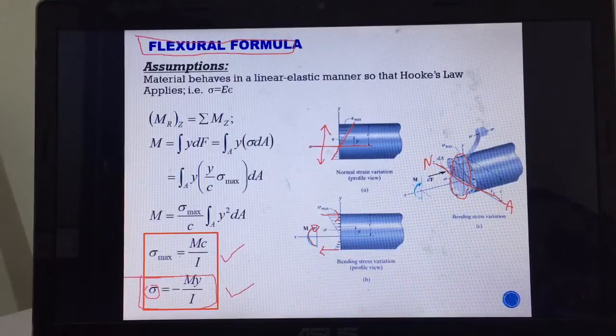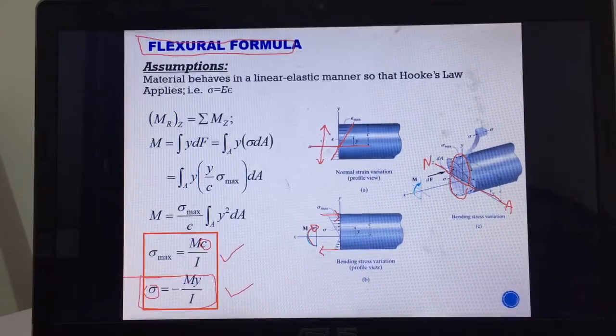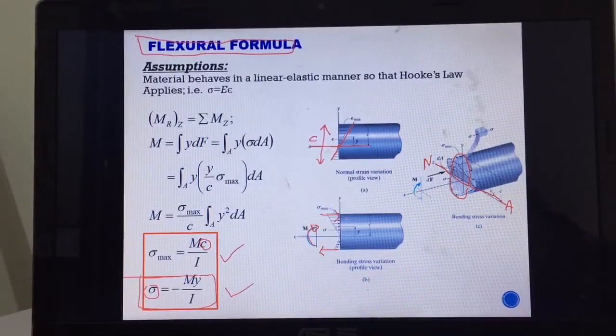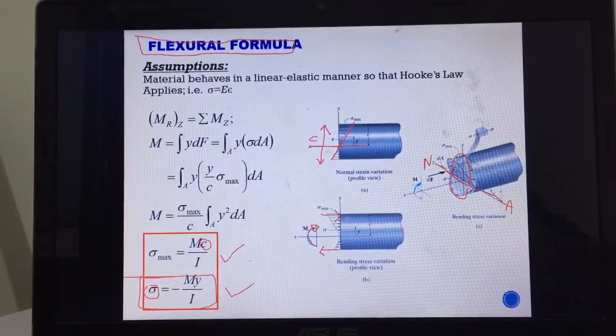So again, sigma max equals Mc over I, because you can substitute y to become c, so the c is actually the furthest distance, right? Okay, this is for bending stress due to internal bending moment M.